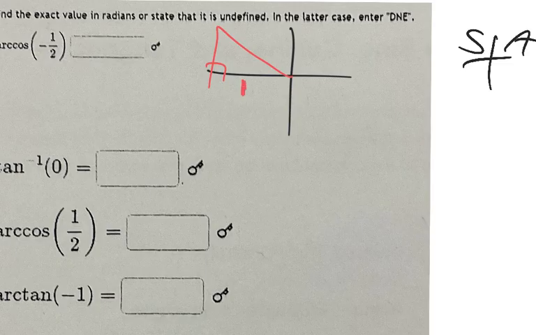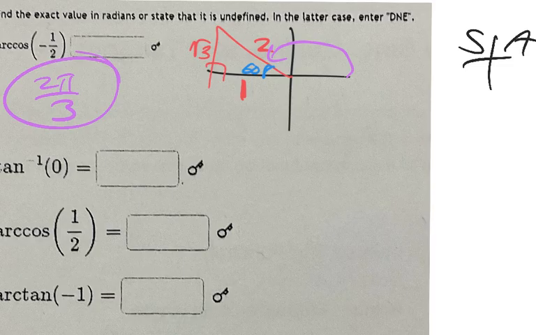Cosine is a ratio of the adjacent over the hypotenuse, which means my missing side would be radical 3, which means this angle is 60, which means I rotated 120 in degrees, which is 2 pi over 3 in radians.